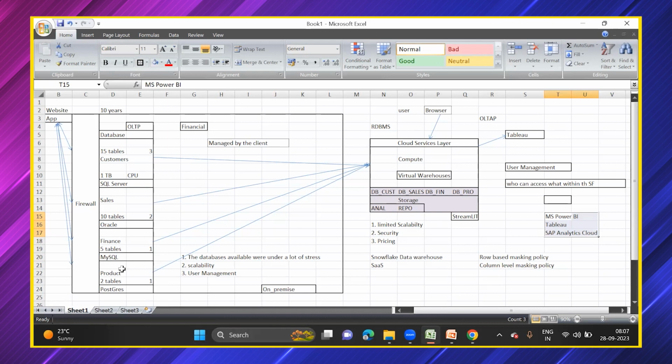If you have multiple different databases available, and you like a feature of Tableau, maybe some type of chart which is not available in Power BI and SAP Analytics Cloud, then you will go with Tableau, right? So it all depends on what your use case is. Based on that, you will decide what software you want. Okay. I hope that was fine.